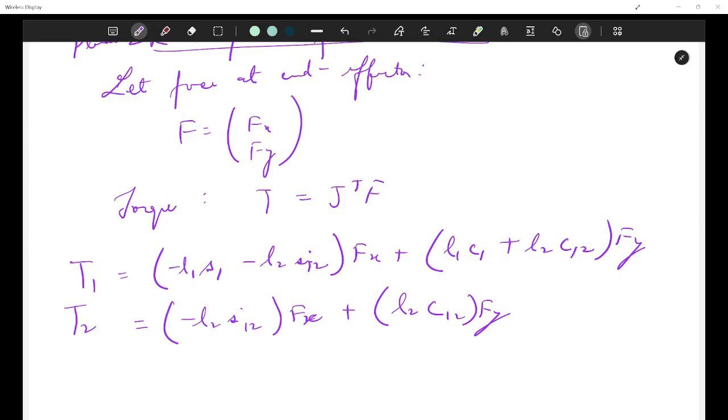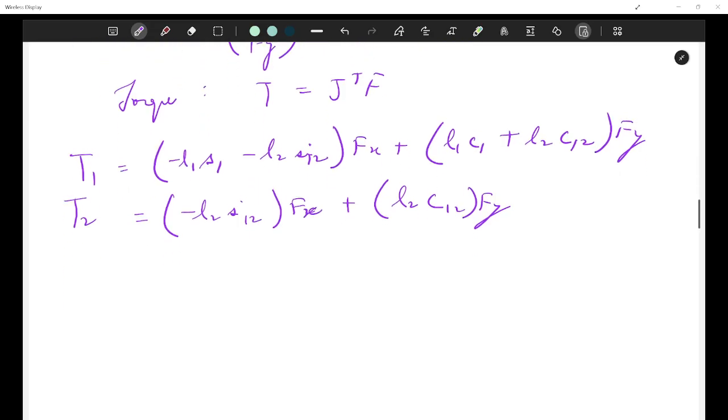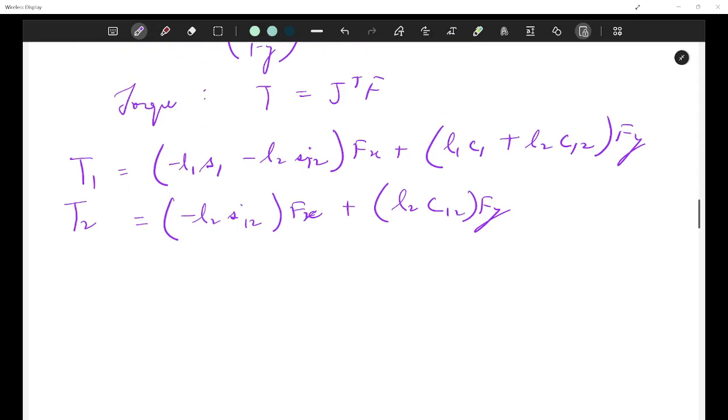So singularity is not merely mathematical, right? It represents loss of mobility. Infinite joint velocity also happens, and there is loss of stiffness in parallel robots, and it can lead to dangerous configurations in real robots.